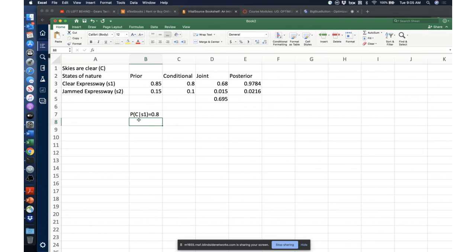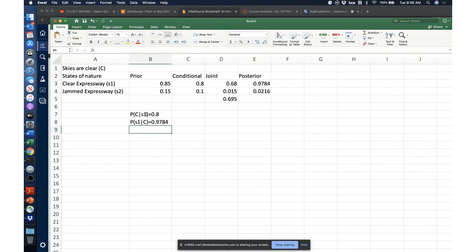This is the probability of S1 given C. This is the probability that, whenever the skies were clear, there was no jam on the expressway. And that probability is 97.8%. And that is the difference.